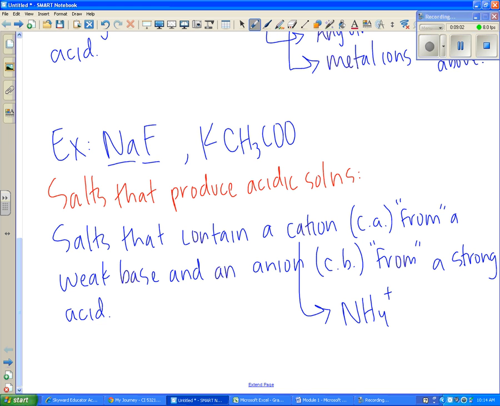We said that common weak bases are amines, which are essentially hydrocarbons with nitrogen in them. We'll see then hydrocarbons with nitrogen having an extra hydrogen with a positive charge. X and Y are just any number of carbons, any number of hydrogens.